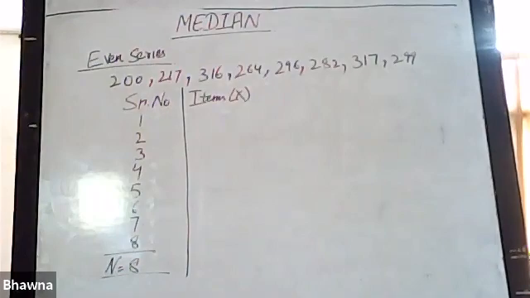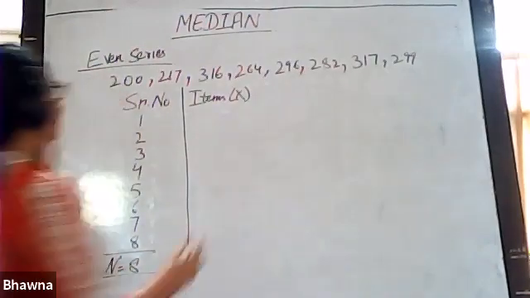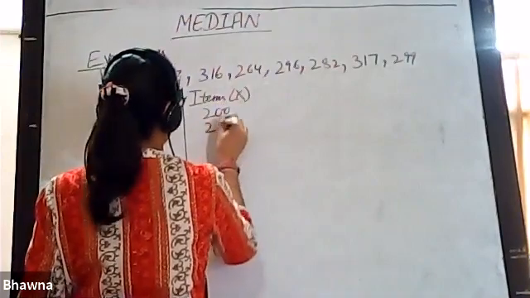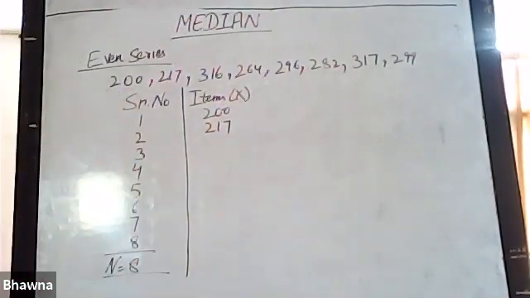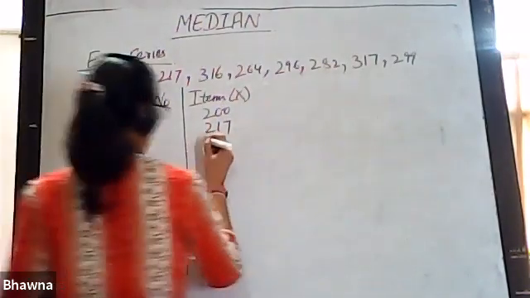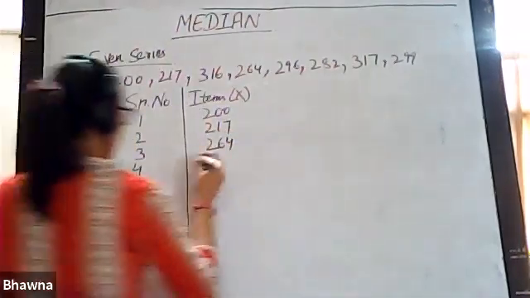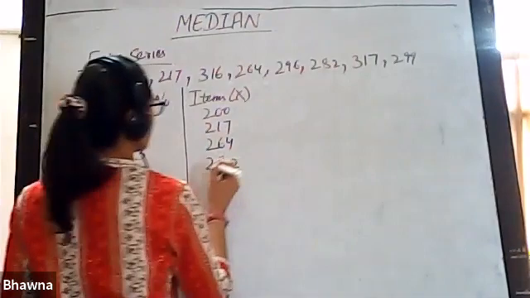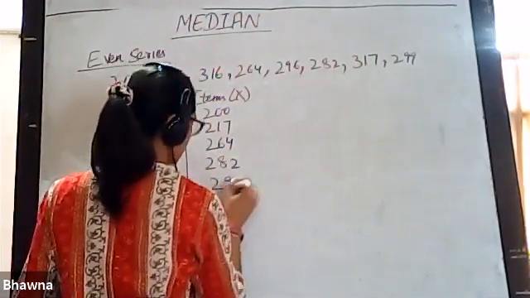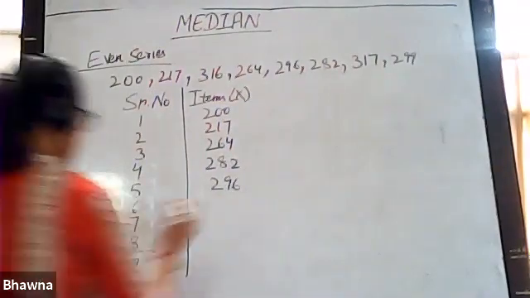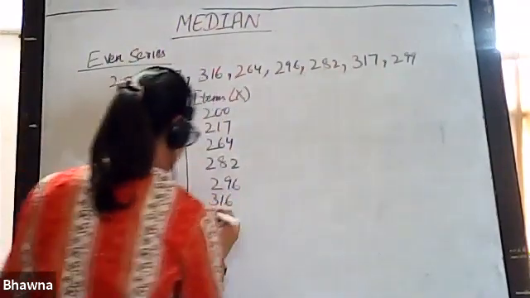So firstly we have to write 200, 217. After that, 264, 282, 296, 316, 317.